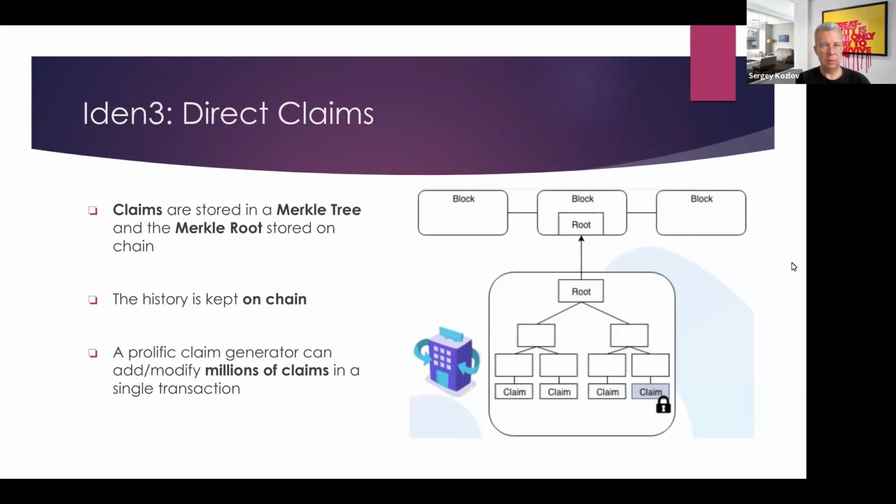So this is how it works. Maybe too complicated to understand, but just get the general idea. So we need this on-chain data, this Merkle tree technology and Merkle root to store millions and billions of data, because we cannot send every ID transaction to the blockchain. That's not scalable. That's painful.